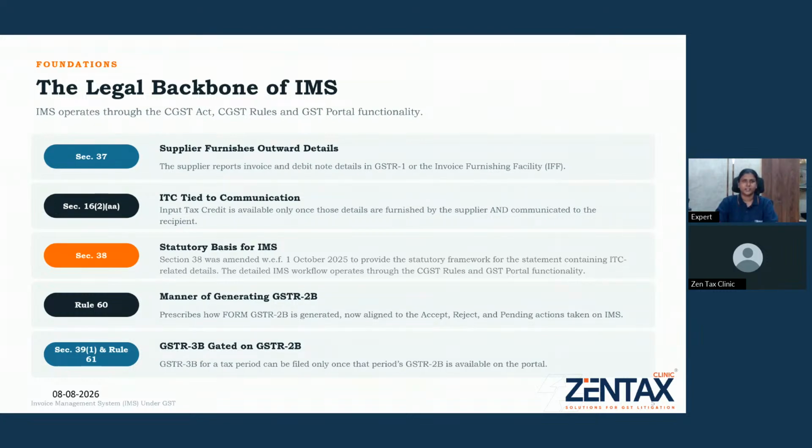The next provision is Section 39(1) and Rule 61 of the CGST Rules. These two provisions provide that GSTR 3B for a tax period can be filed only once that period's GSTR 2B is generated and available on the GST portal.